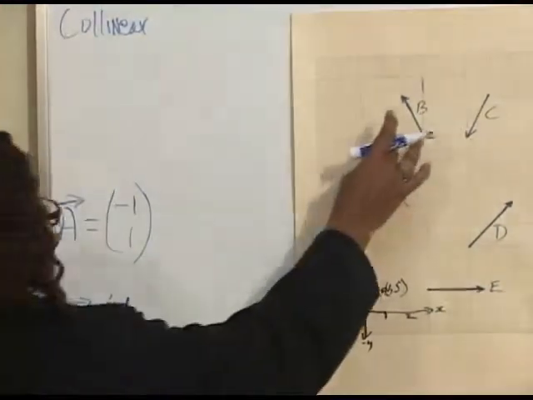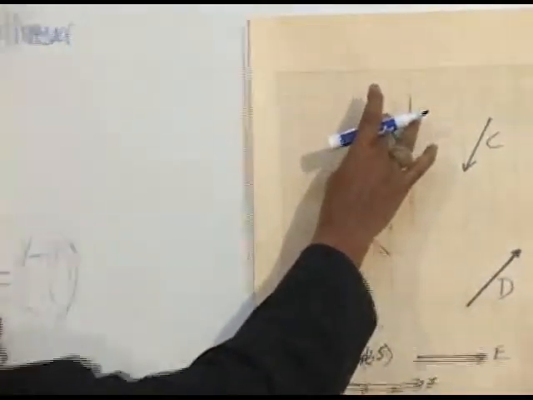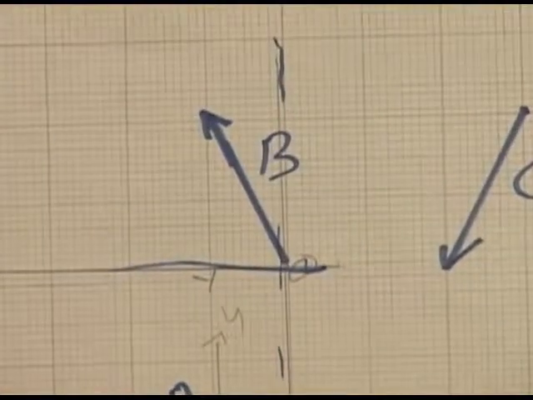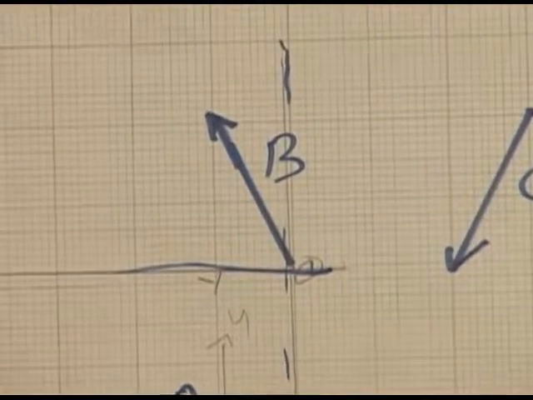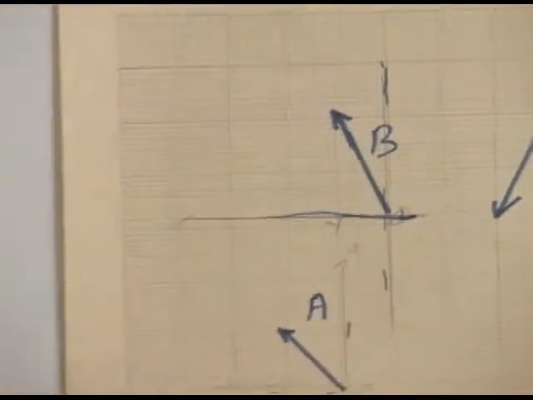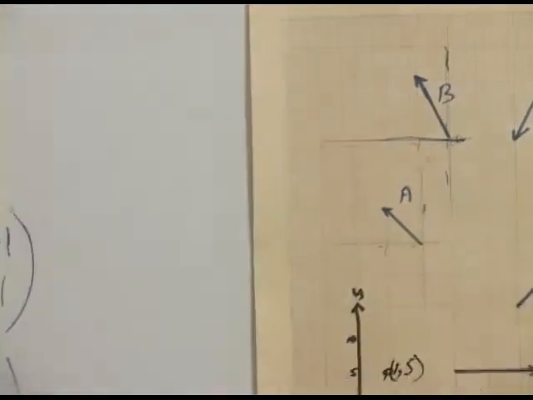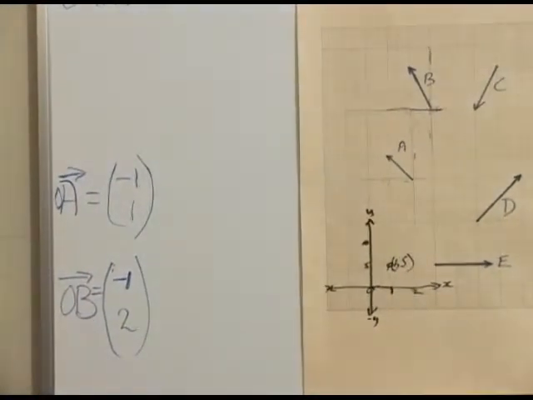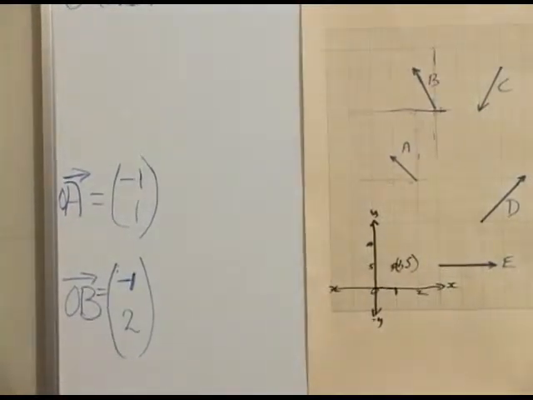This time we have to step 1, 2 squares, so that the y position would be 2. And so the column vector for OB would be equal to (-1, 2).